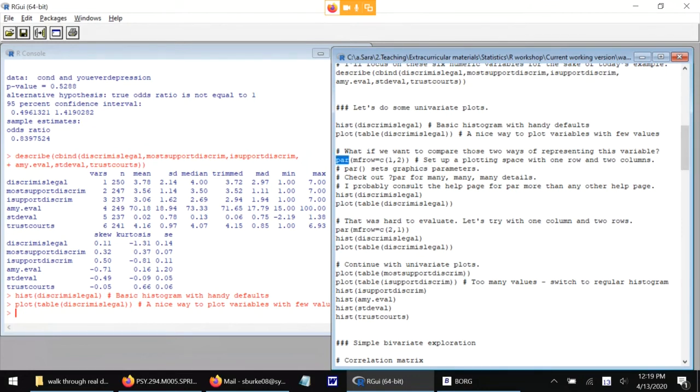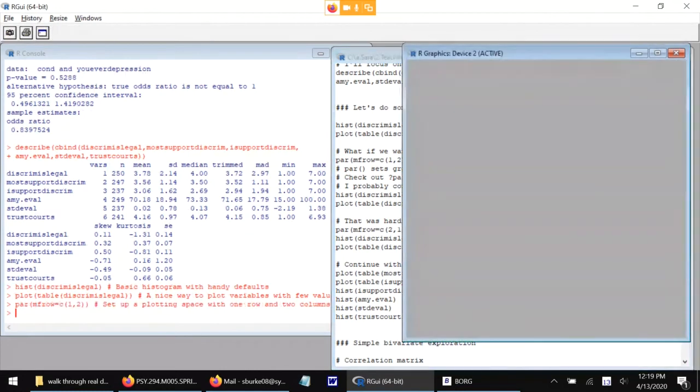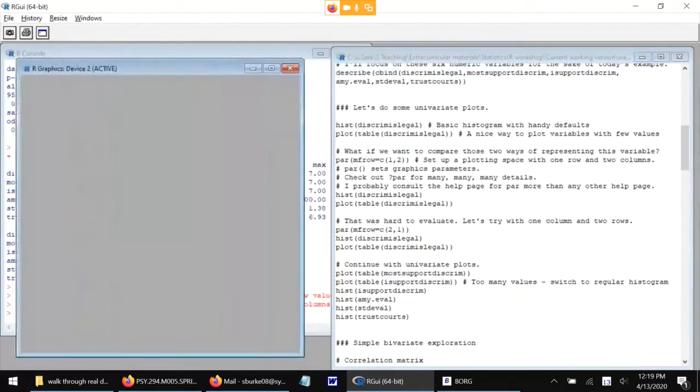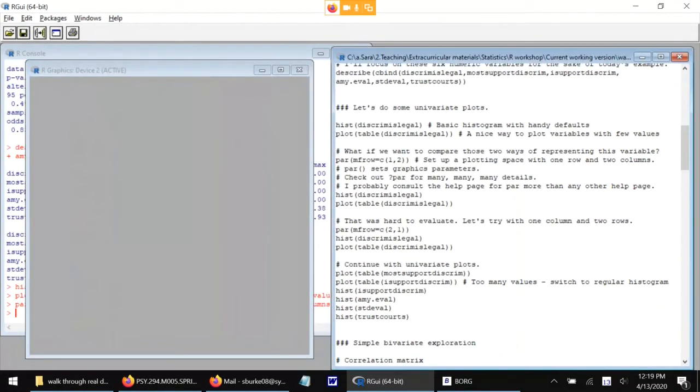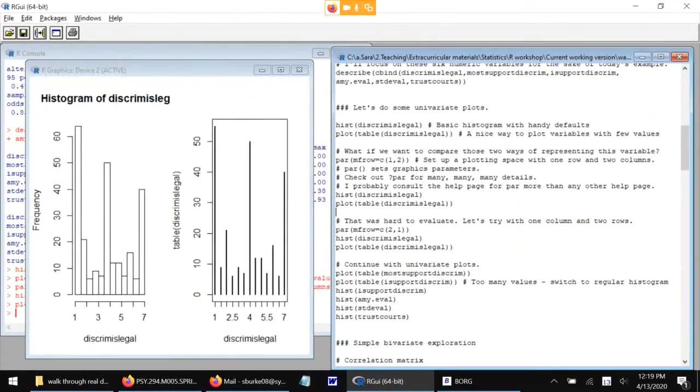The par function sets graphics parameters, and it can, in this case, set up a plotting space with certain properties before I actually make any plots. This just tells it that I want to set up a plotting space with room for 2 plots in it, and they'll be entered by rows. So here is that space. It's empty right now. And then I can call these 2 plots, the histogram and the plot of the table of discrimination is legal, and they'll show up next to each other.